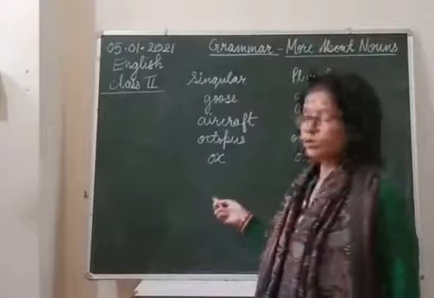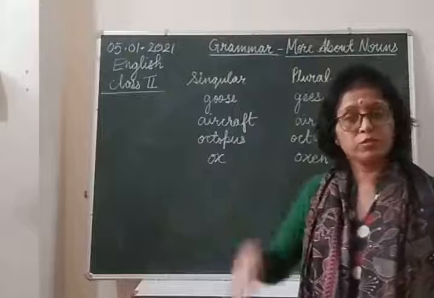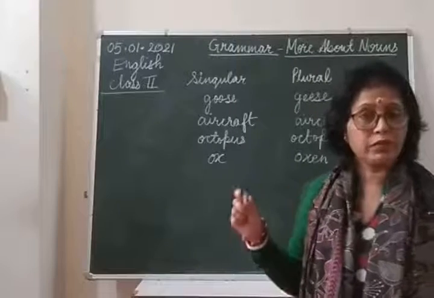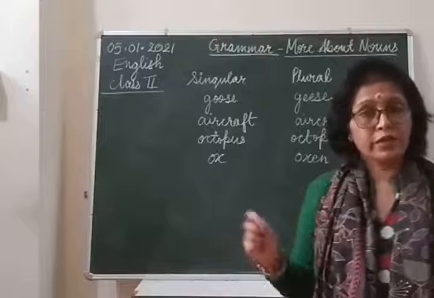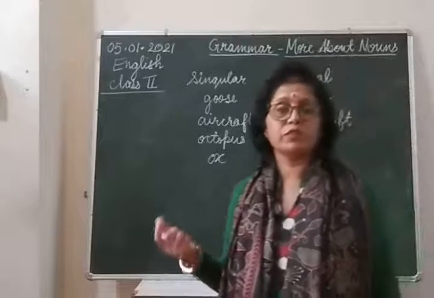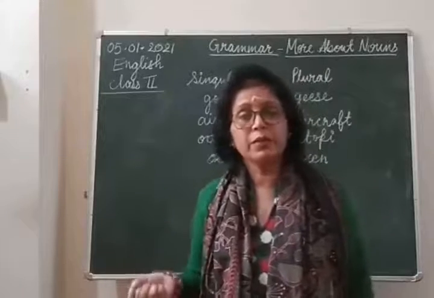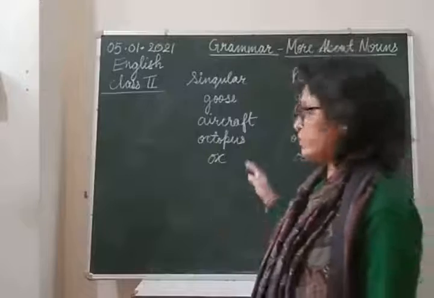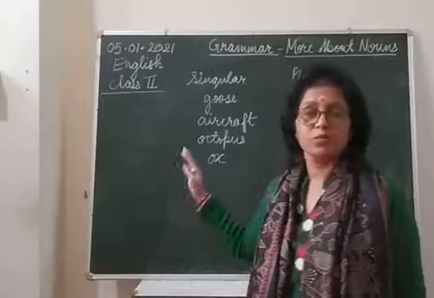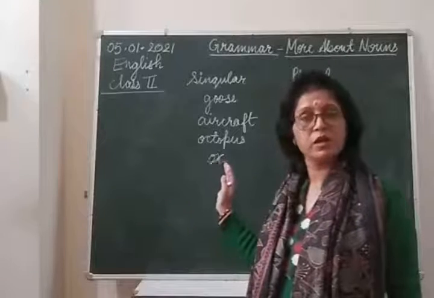Now children, you can notice that the spelling ends with X, and the rule that we have studied is that if the word ends with X, then we have to add ES. But that rule is not applicable to this noun, which is ox. Plural of ox is oxen. Ox, oxen.